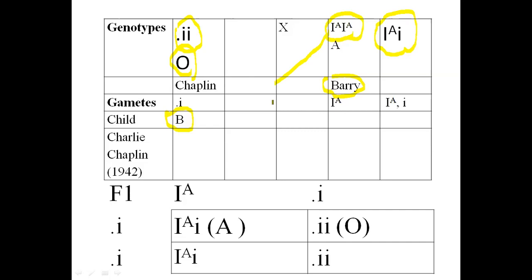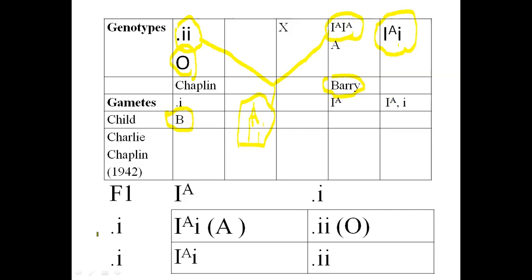So what will be the F1? All the possible children will have capital I A and small i, meaning A blood group, right? If it is heterozygous condition, capital I A and small i.